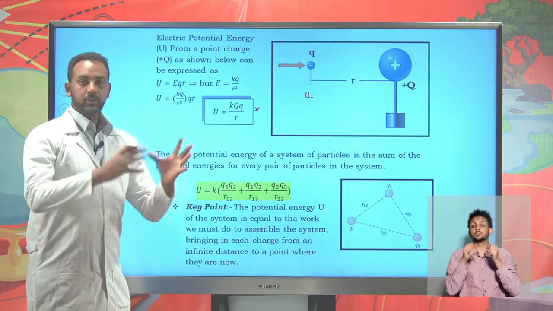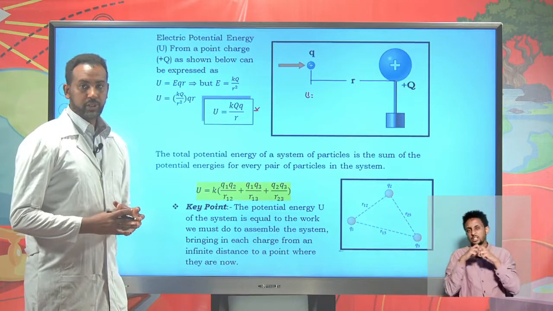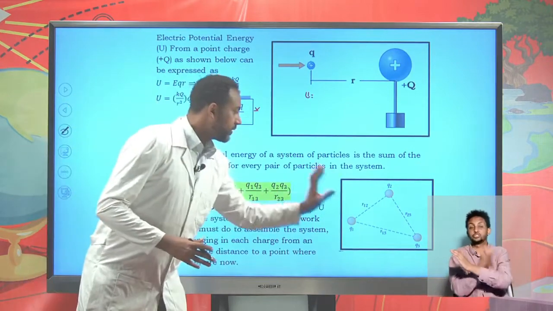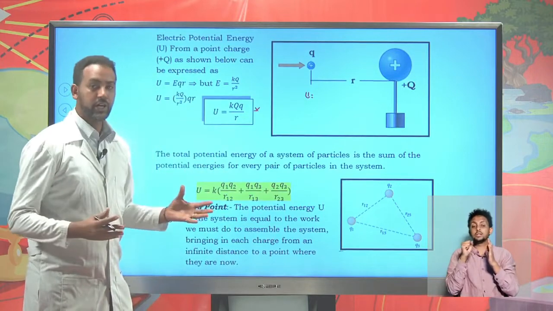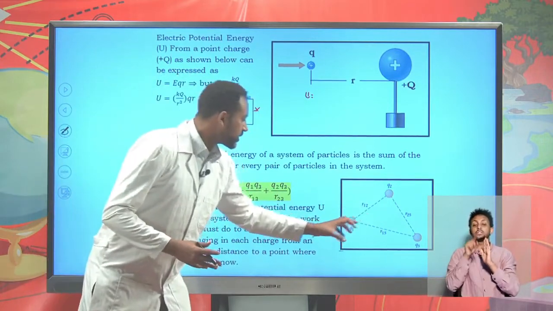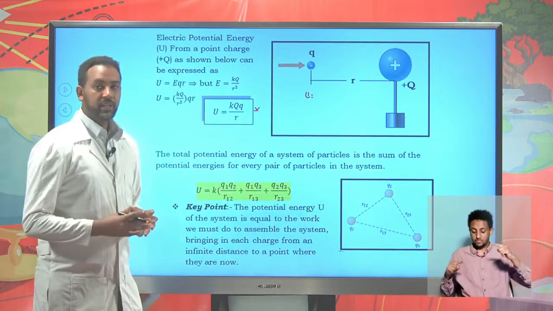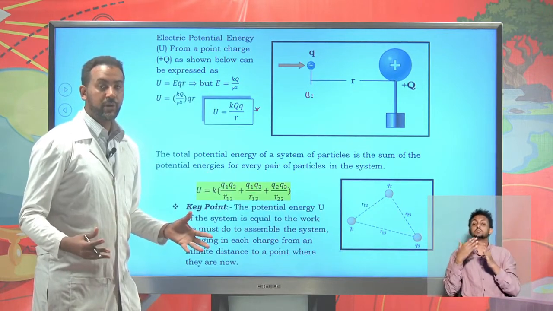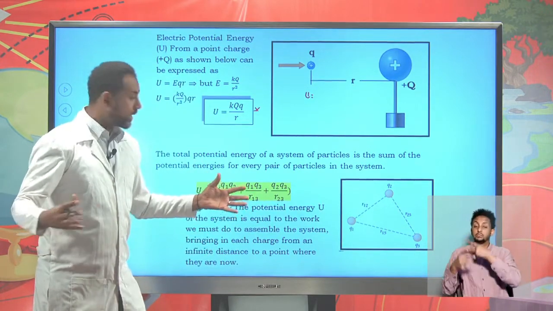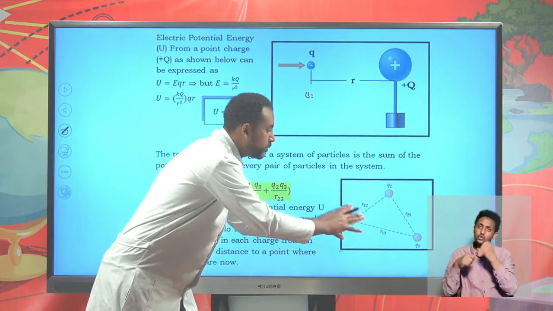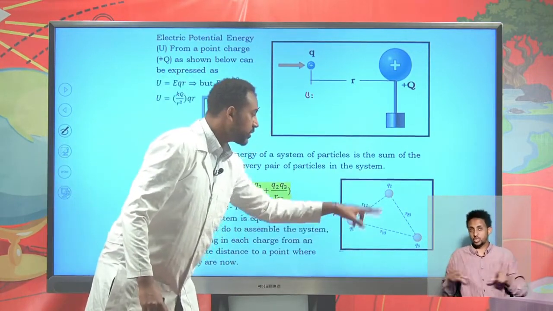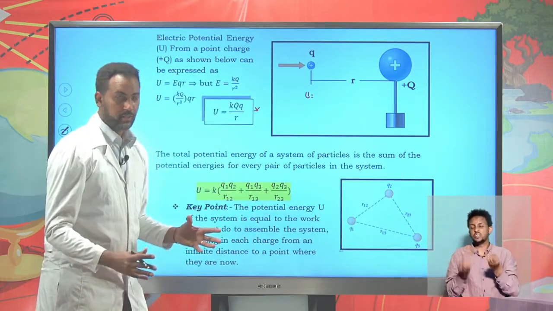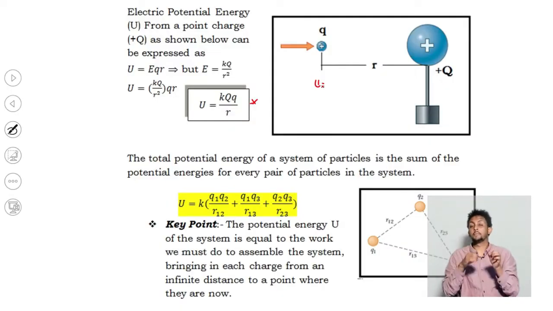It's also possible to find the electrical potential energy of different charges. For example, here you have an assembly of different charges. Those three charges stay here, meaning that mechanical work was performed to gather all those charges and put them at this location. So the electrical potential energy due to several charges can be expressed using this equation.